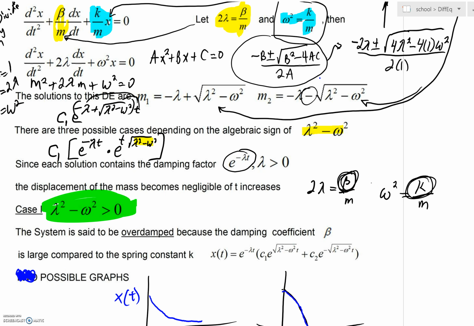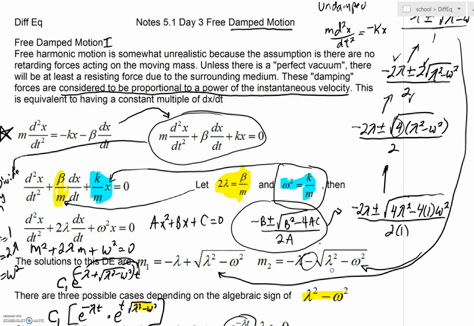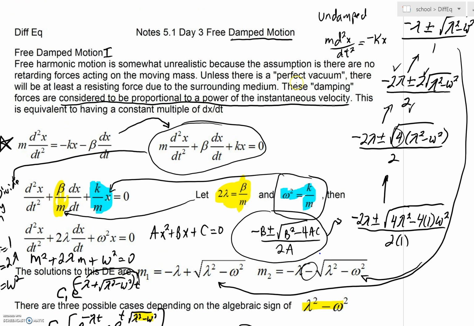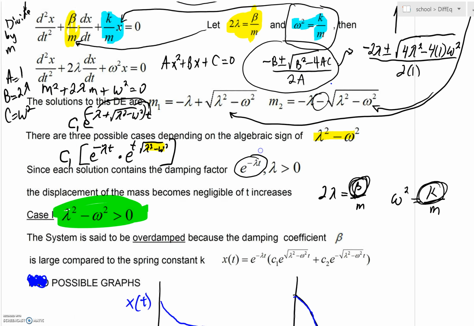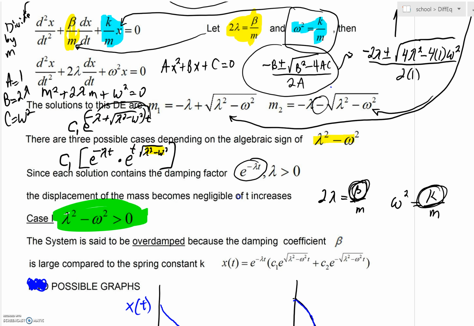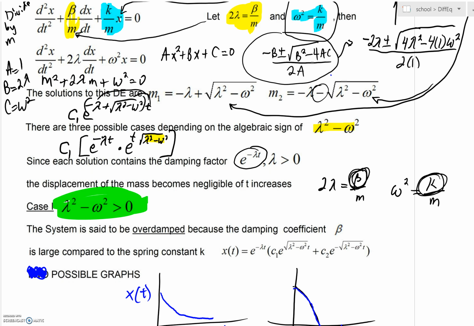What is that really saying? That we're going to have more of an impact of that resistance from the medium. We talked before that the surrounding medium is really going to be proportional to that instantaneous velocity. So if that beta factor is larger, we would expect to be over damped.